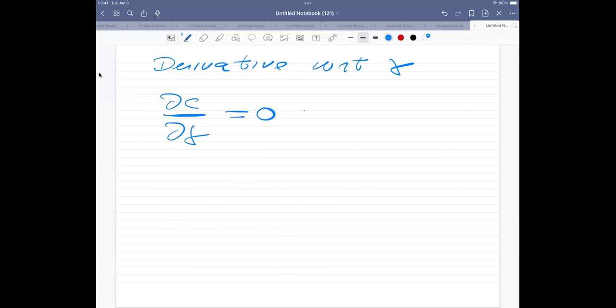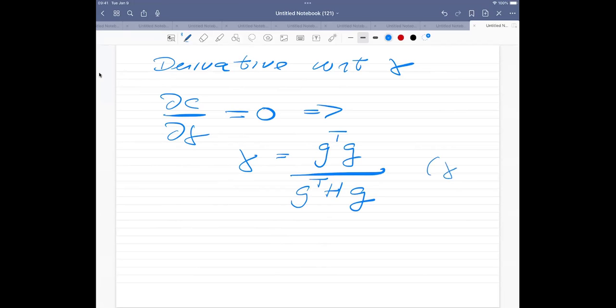And if I do that derivative, what I get then is that gamma is equal to G transposed times G divided by G transposed times H times G. So that's the optimal for every value of n. So keep in mind now that I suppressed the n dependence. So this is actually something I could calculate at every iteration.